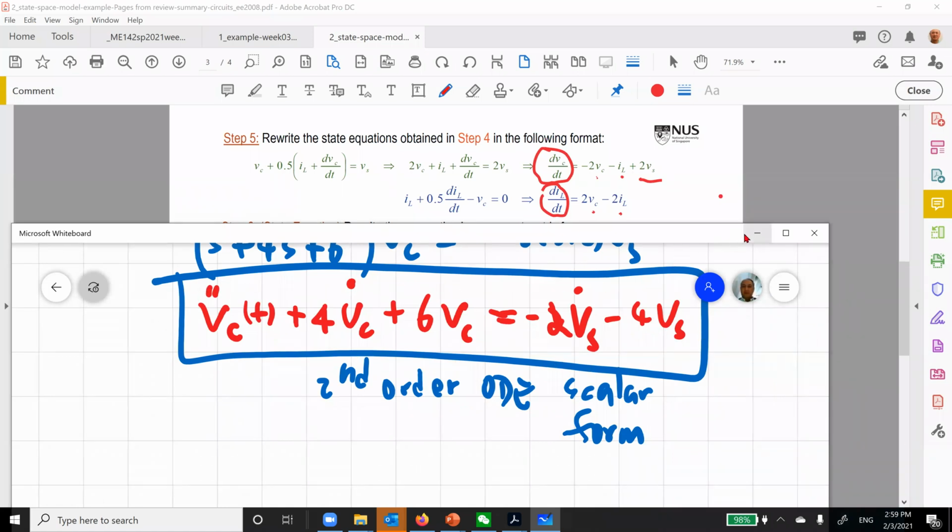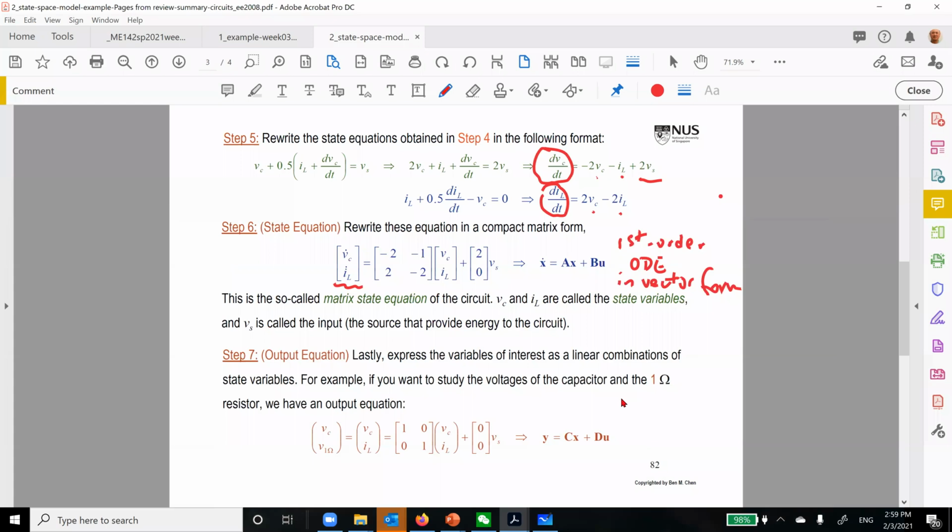So that's why it is always easy to use state space. Why? You will never have a high order ODE to deal with. You always got a first order ODE.